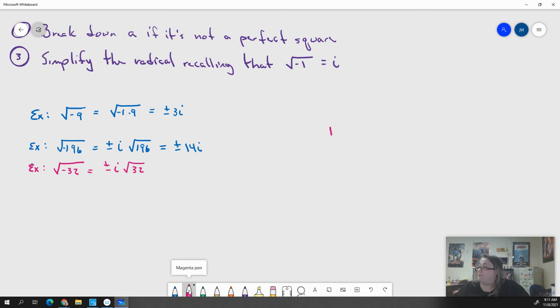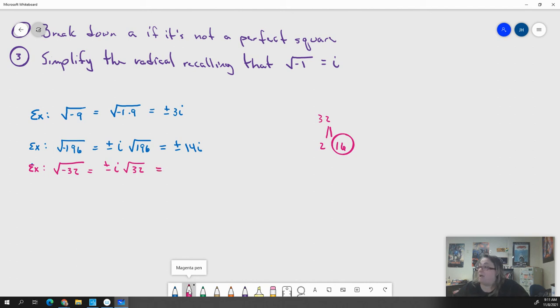I know, because I'm super smart. No. I know that 32 breaks down as 2 times 16. And I can see that 16 is a perfect square, right? It's 4 times 4.